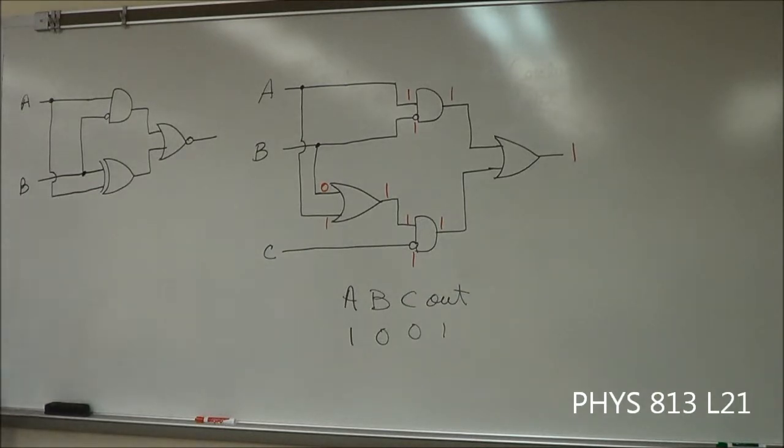Okay, so it looks a little more complicated, and it kind of is, but it still only has two inputs because the two of them actually go to more than one place.